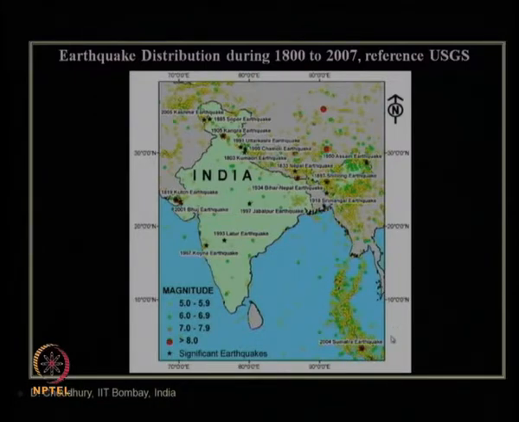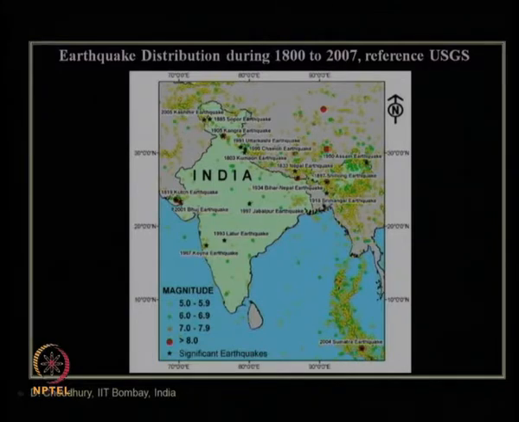And if you look at the intensity and magnitude of the earthquake points, they are mostly located in the region where our Andaman Nicobar islands are, also in the northeast region of India, as well as the northern part of India, the Himalayan belt.